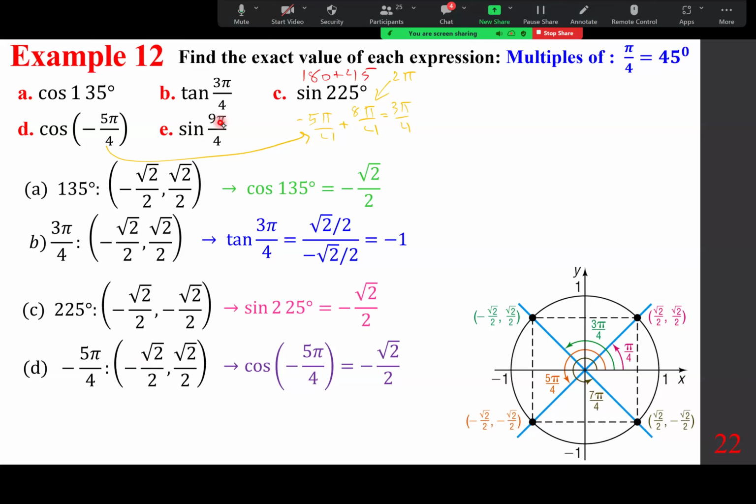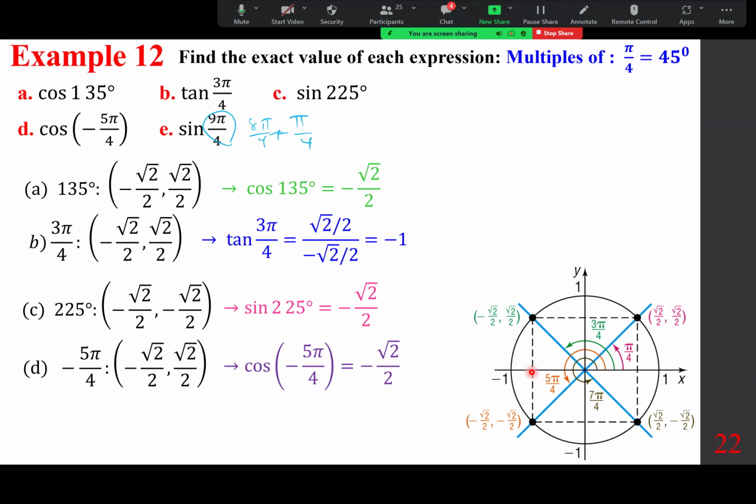9 pi over 4 is 8 pi over 4 plus pi over 4. That means 2 pi plus pi over 4, a complete revolution.